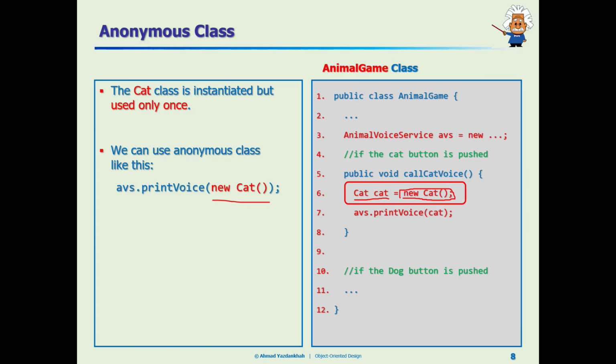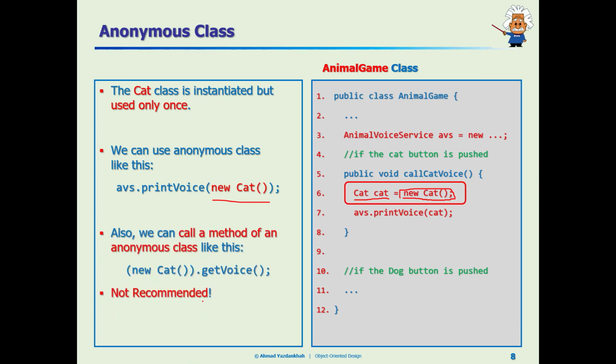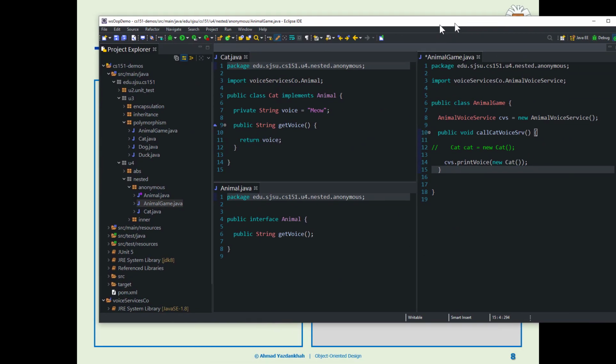What else do we got? The other note here is if we want to call a method of this anonymously, we need to put this parenthesis here, and then just dot and get voice. Let's see how it works.